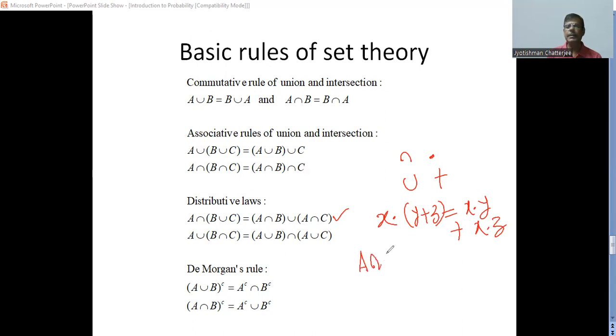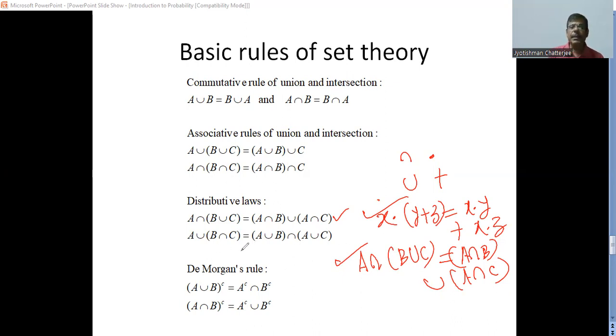A intersection B union C is equal to A intersection B union A intersection C. So here, this rule is the distributive property of dot over plus. And this one is the distributive property of intersection over union.